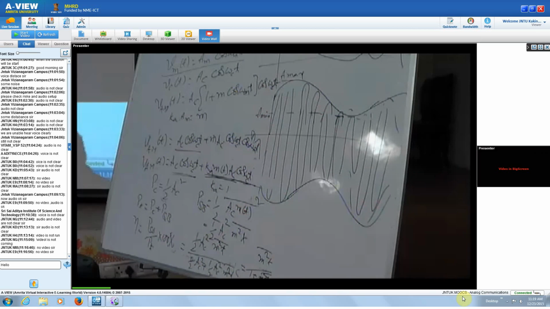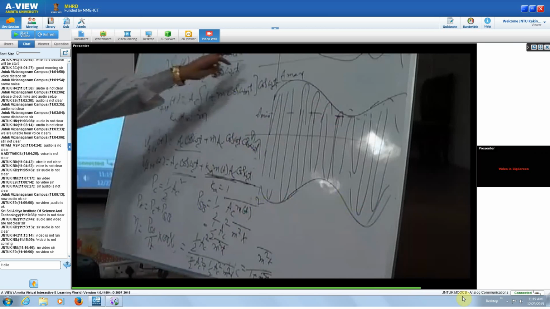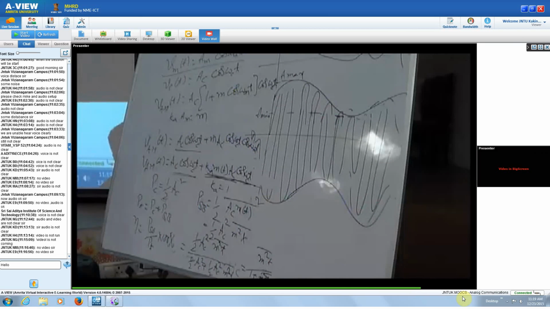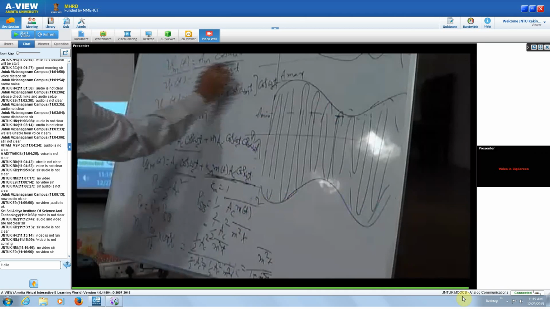So m of t is a general waveform that we are going to have. The efficiency is m square t average by 1 plus m square t average. So this is for a general signal. Suppose this is a single tone signal A_m cos omega_m t with the modulation index equal to m.